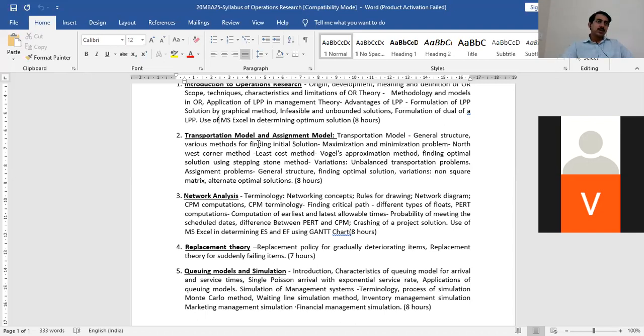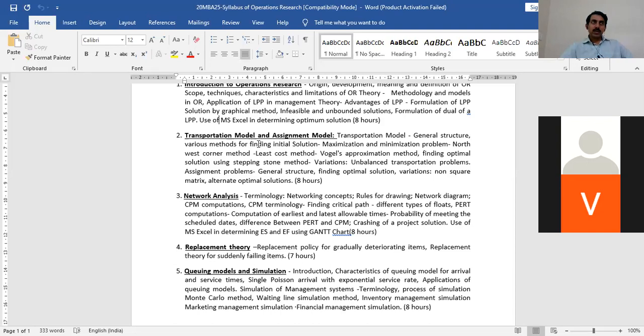Are you getting it? So here the work is allotted to the workers. Similarly, the investment portfolio is allotted to a particular investor. Okay, so which type of investor can invest in a particular investment, that can be decided using the assignment model. Correct. So next is the third module, that is network analysis.